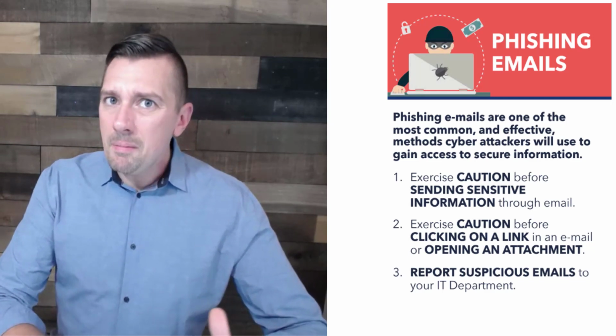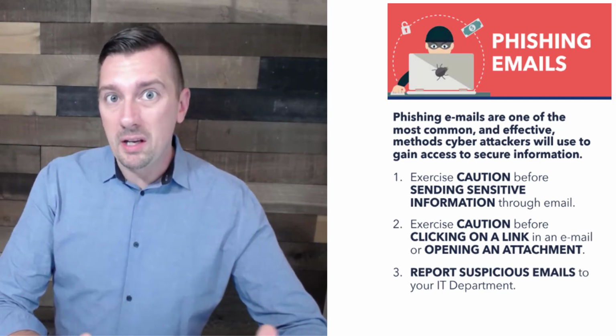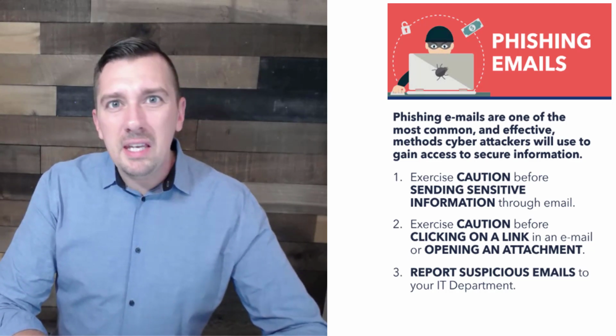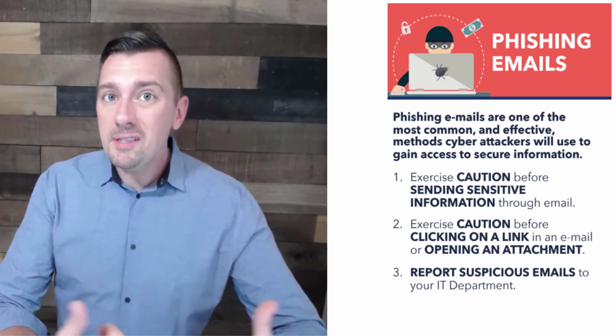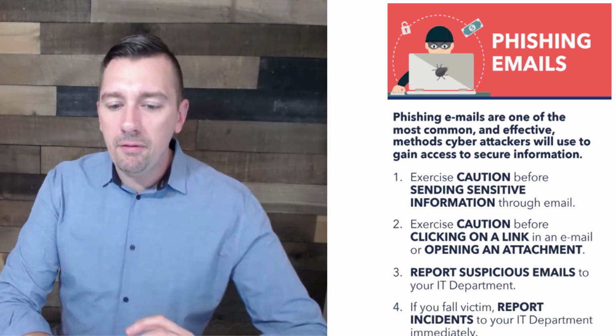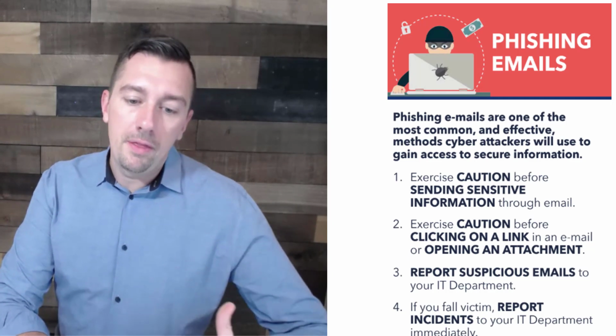If there is something a little bit suspicious, just report it. Let somebody know. Say, hey, I don't think this is quite right. Don't forward the email. Maybe just call up and say, this is what I'm seeing, what do you think about this? Just be careful.